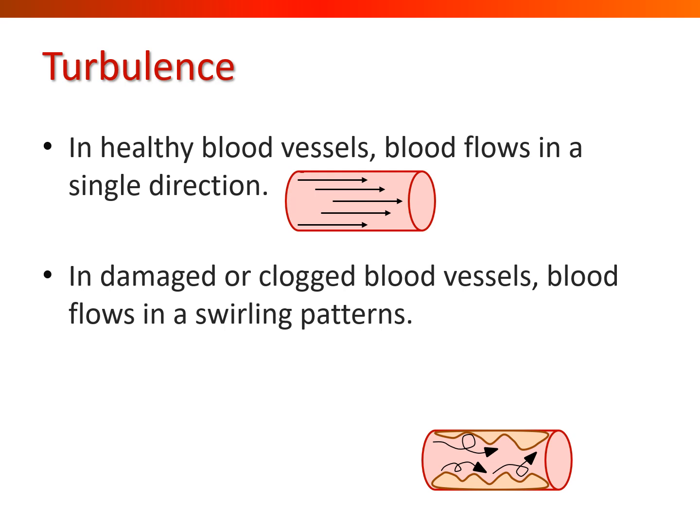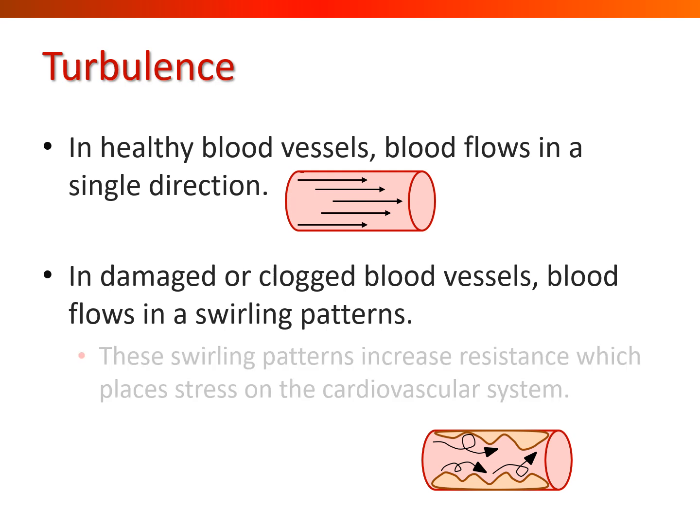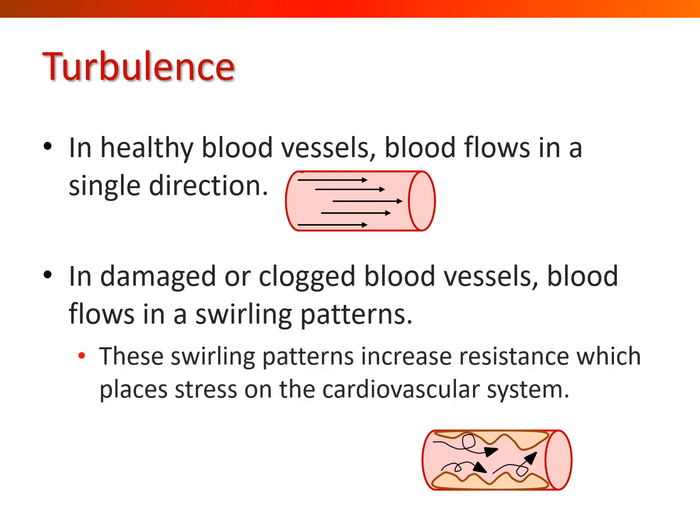Then it's got to get straightened out and figure out which way is forward, and then start moving forward again where it might hit another bump and then create another swirling pattern and create more resistance. And then here you are with this very bad situation because these swirling patterns are creating additional resistance in that blood vessel. And of course, that's going to put stress on the cardiovascular system, including our buddy, the heart.